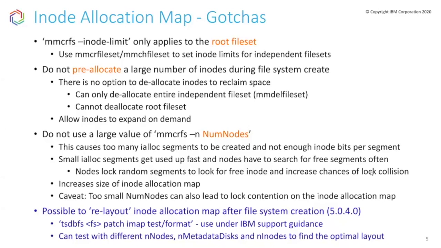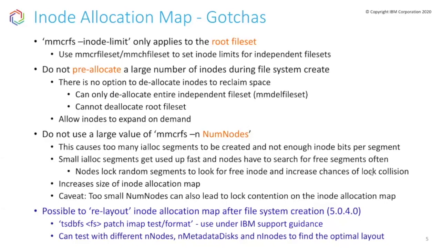The thing is, if you accidentally pre-allocate too many, more than what you need, there is no way to go back. You can't deallocate or undo what you have done. The amount of blocks that are added to inode space stay around for the life of the inode space. You'll have to delete the independent file set of that inode space to actually get rid of all of those blocks. So it's something you don't want to make a mistake with.